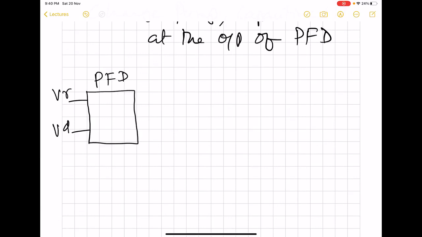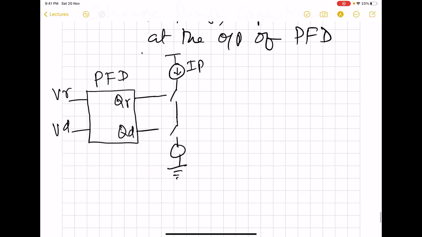This VD will be coming from the divider, and then we have QR, QD. Charge pump is basically a connection of two current sources of ideally the same value, connected to a low pass filter.